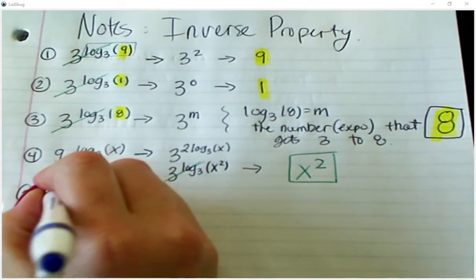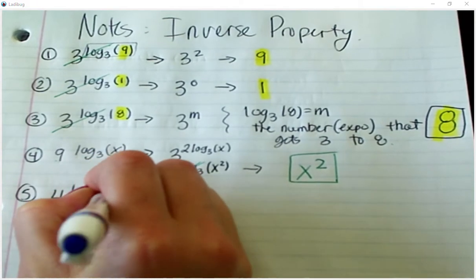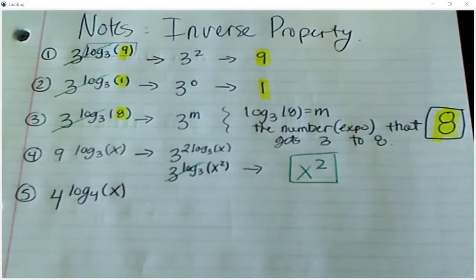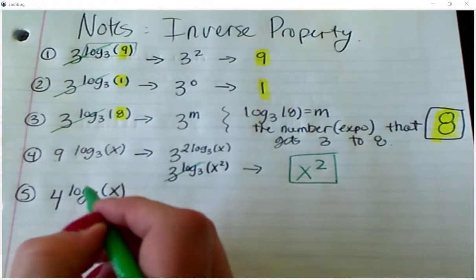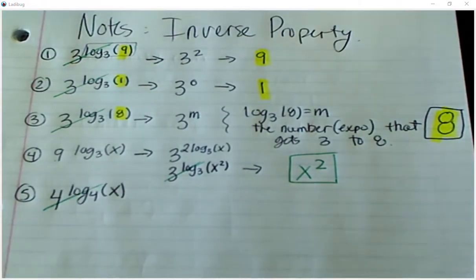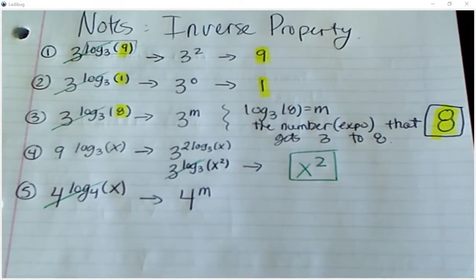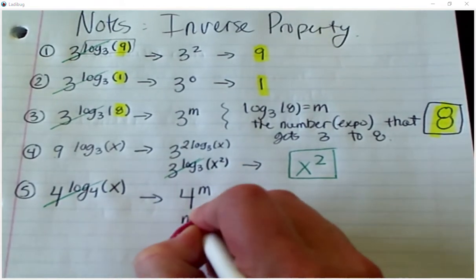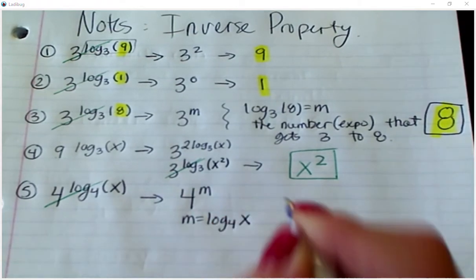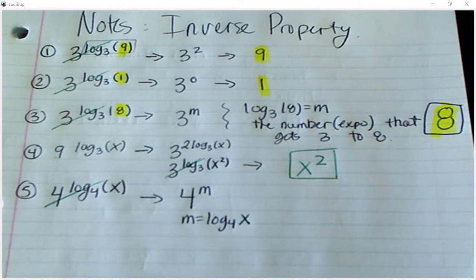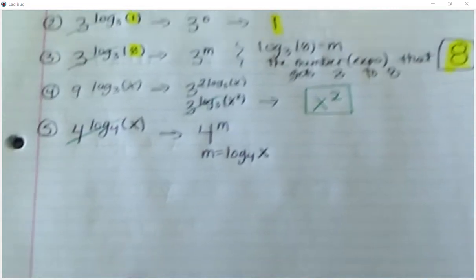Okay, so let's try this. 4 to the log base 4 of x. I don't even need a number here. Because the base 4 and the base 4 match, it's kind of like magic. They cancel out, and you are left with x. Okay, so M. I'm going to think of it like this, where M equals this statement, because I don't know what this exponent is.